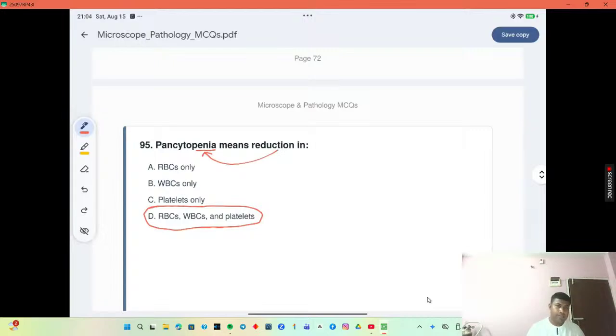The word penia means reduction, we should remember it. I think you have understood this question. What is the meaning of penia? Penia means reduction. And pancytopenia means reduction in red blood cells, white blood cells, and platelets. Okay.